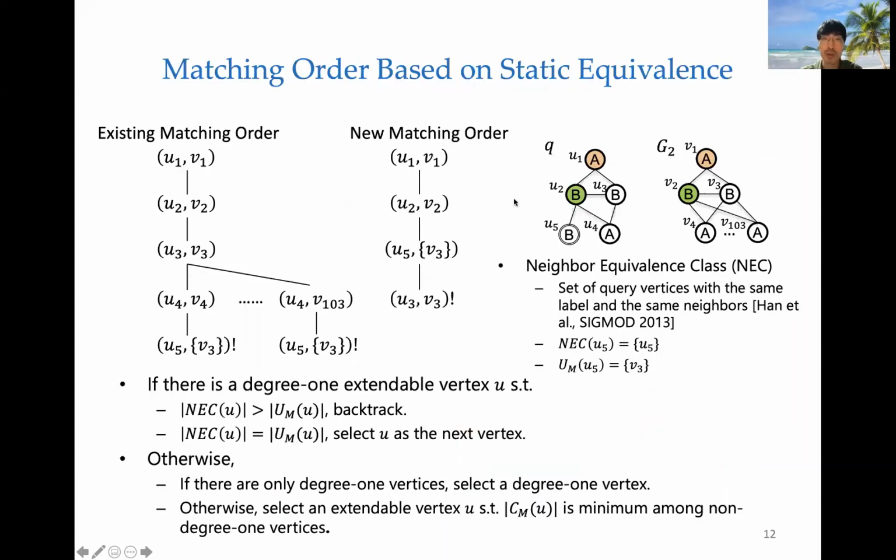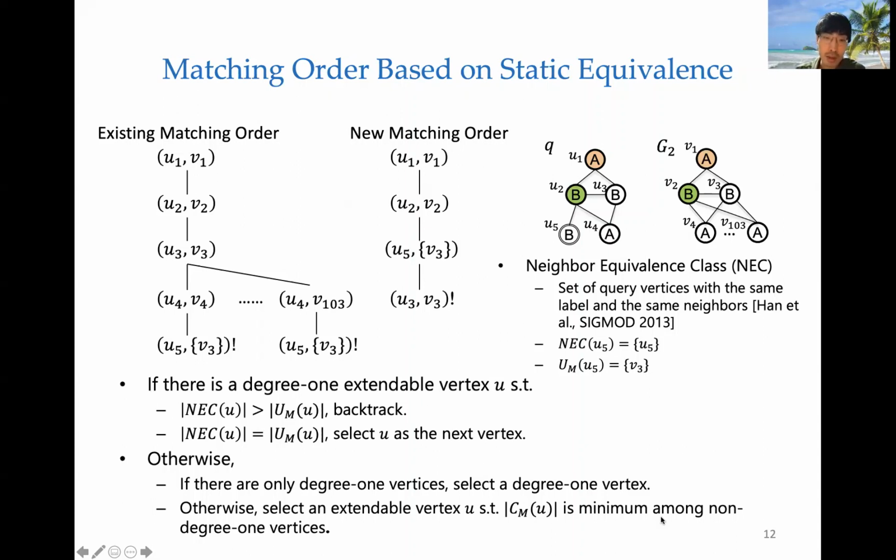But the problem is when there are multiple extendable vertices. So let's say we just mapped U1 to V1 and U2 to V2 in this example. But the problem is which query vertex should be mapped next in the matching order. The previous methods commonly select an extendable vertex such that its number of extendable candidates is minimum among non-degree-one vertices.